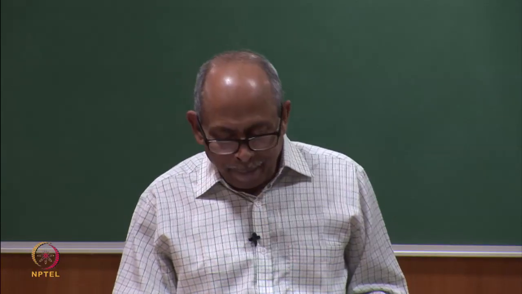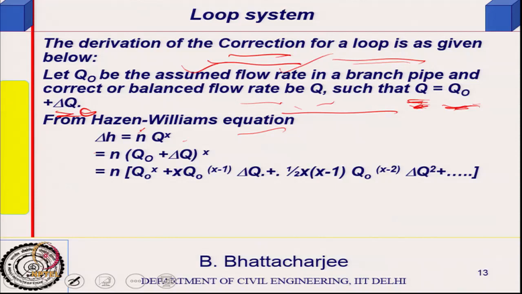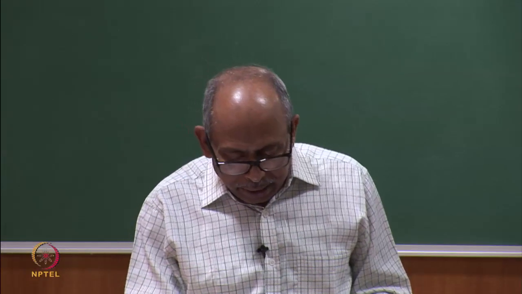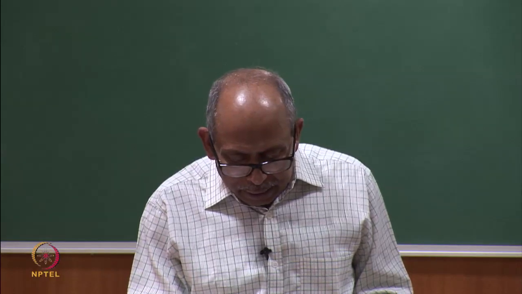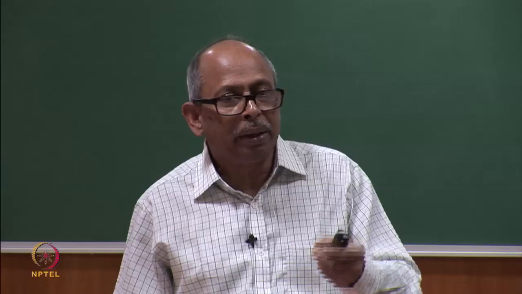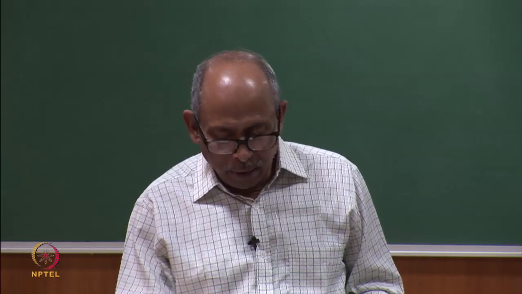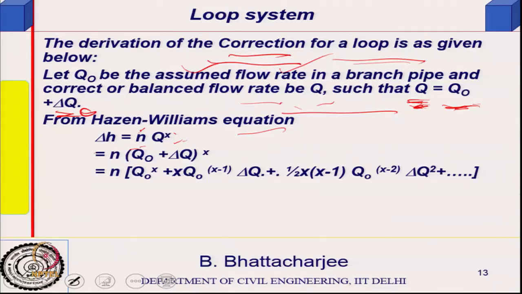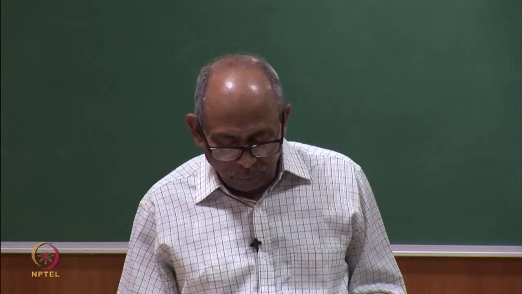So, basically the sum total of hf has to be 0. So, h can be written as some n q to the power x, because 0.54 is there, so 1 by 0.54 will come. x is nothing but 1 by 0.54.